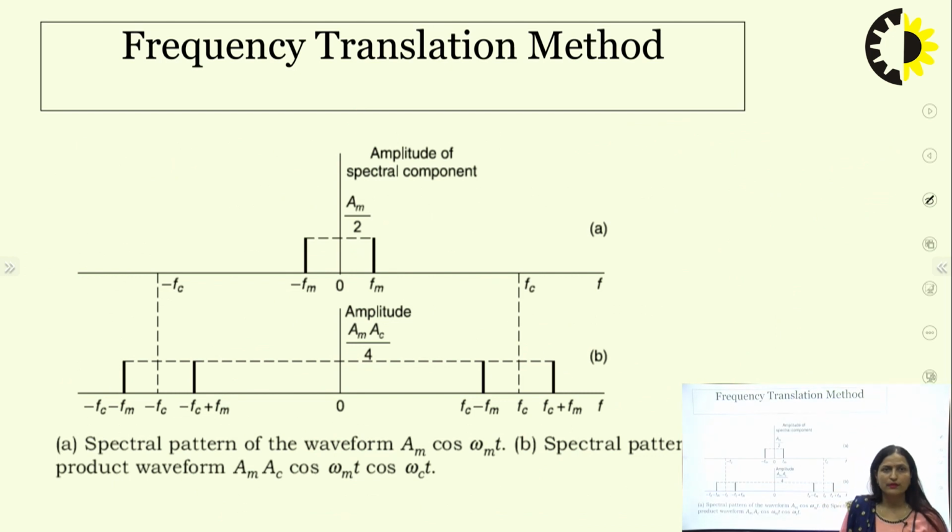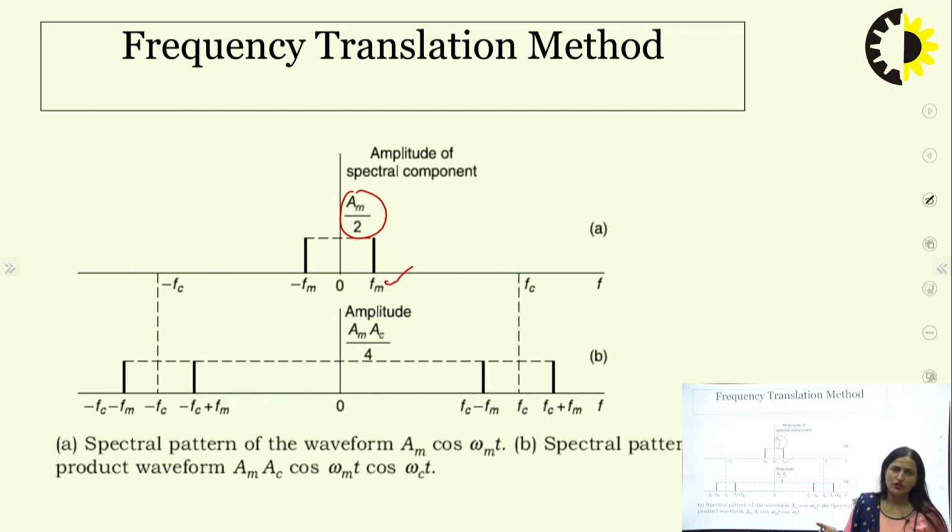Then how it can be represented? See here, this is the amplitude spectrum of your message signal. Okay, message signal is having an amplitude of Am by 2 when it is written in terms of spectral component, or you can say frequency domain. I am writing it as frequency domain, so the amplitude will be Am by 2 and signal lies at a frequency of fm.